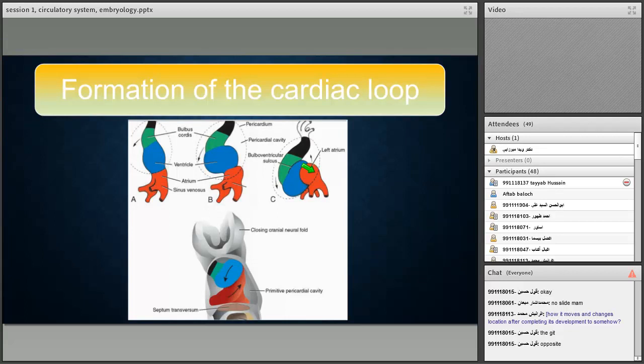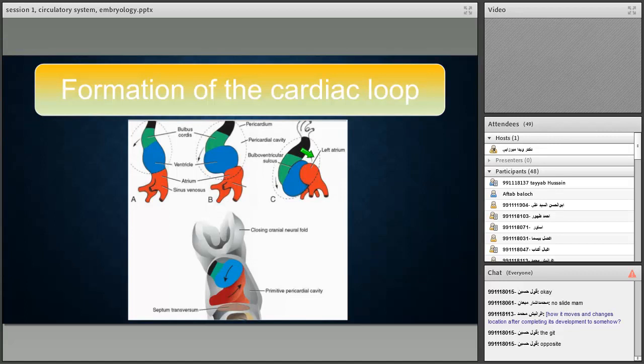The atrial part in the caudal side of the heart tube is initially a paired structure outside the pericardial cavity. It forms a common atrium, and after that it enters the pericardial cavity.